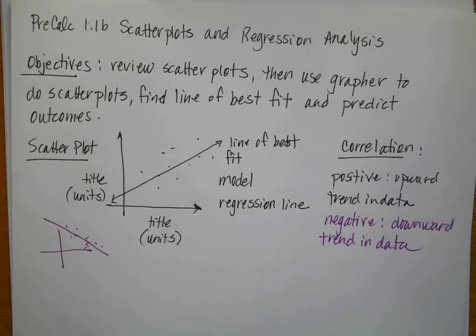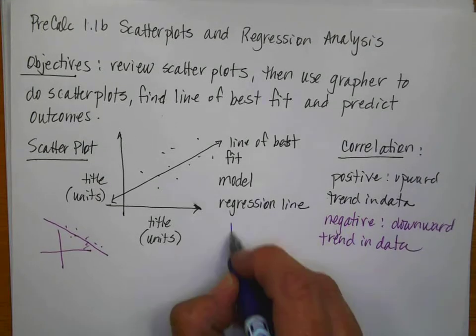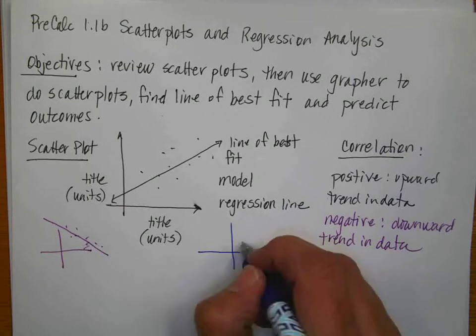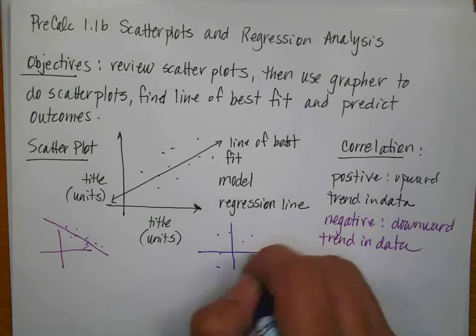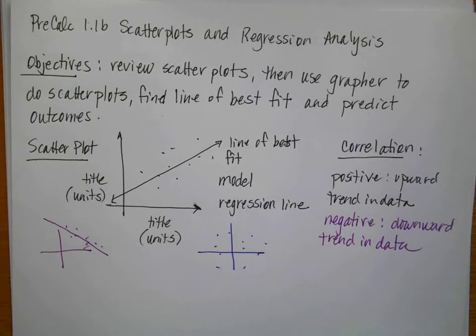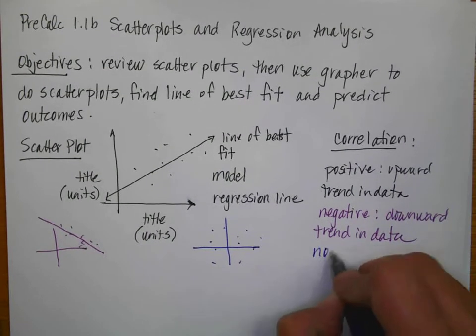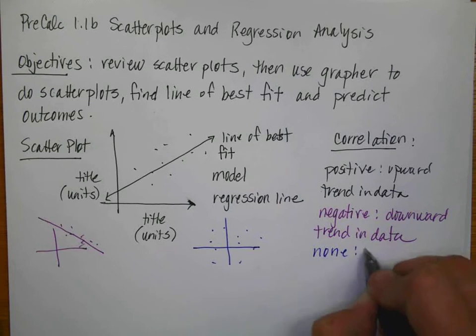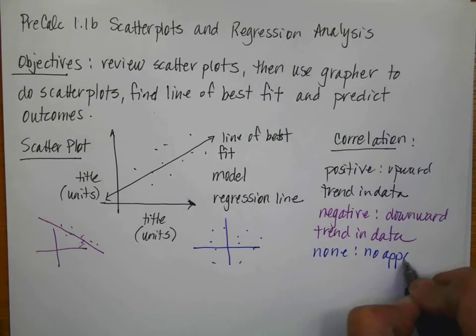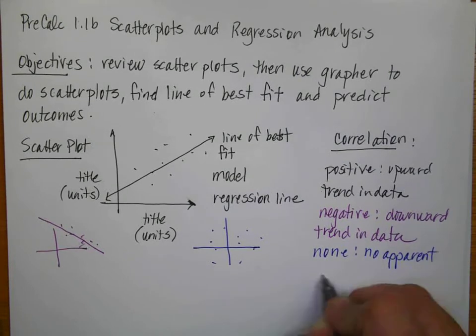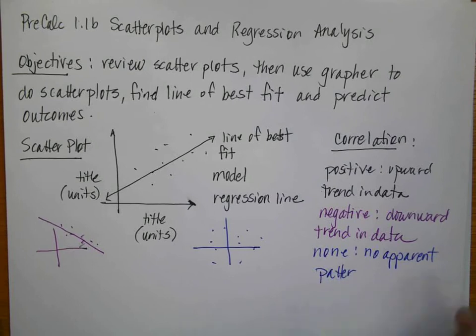And then a fun one is no correlation, so that's what I call a scatter pattern. And so maybe this is what my data looks like, and there's no apparent pattern. Okay, so those are the different things that we're talking about.